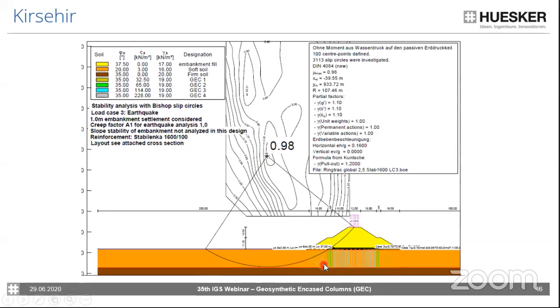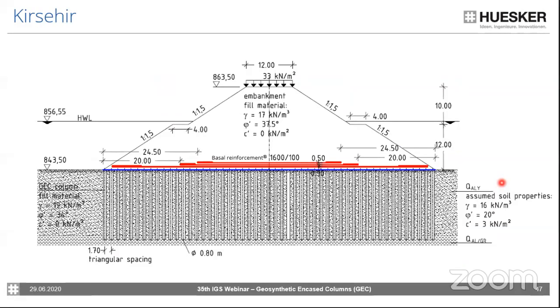And also what can be done is that geosynthetic encased columns are included so that you can take into account the stability increasing effect of the columns itself. And this was then the final cross-section, the typical cross-section.